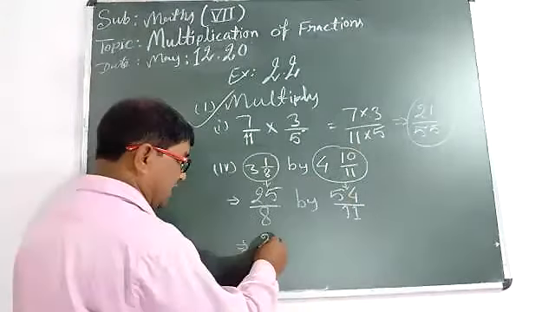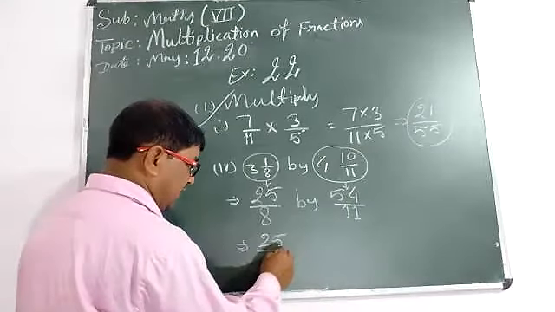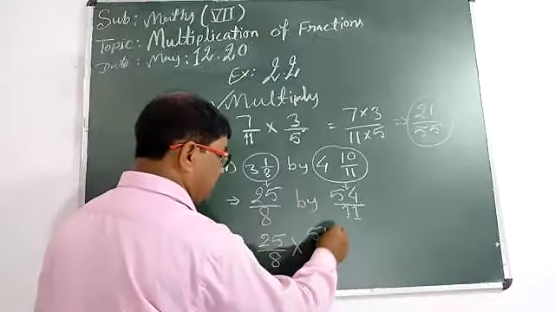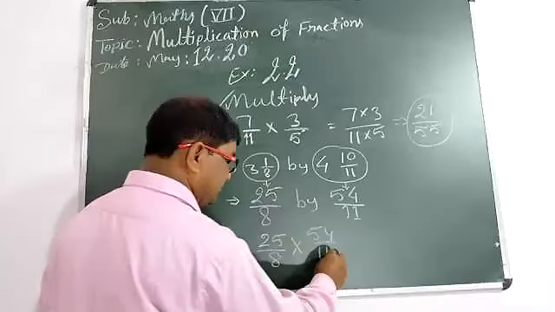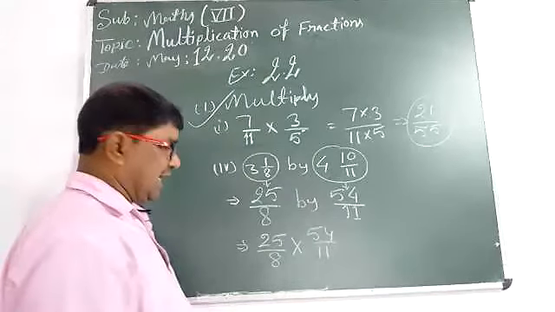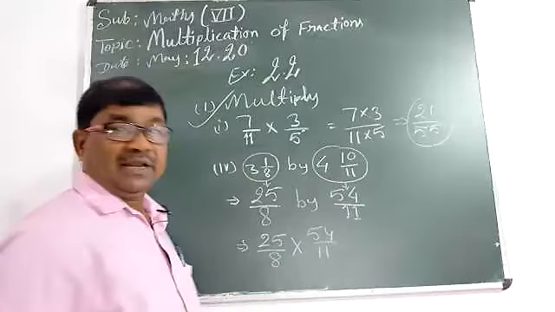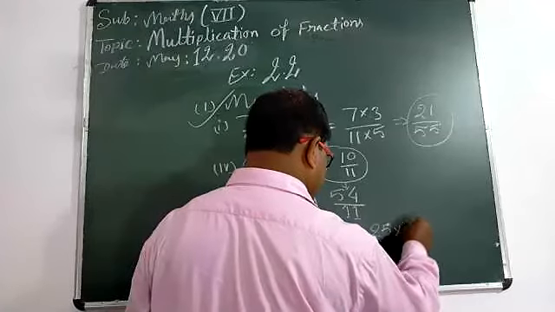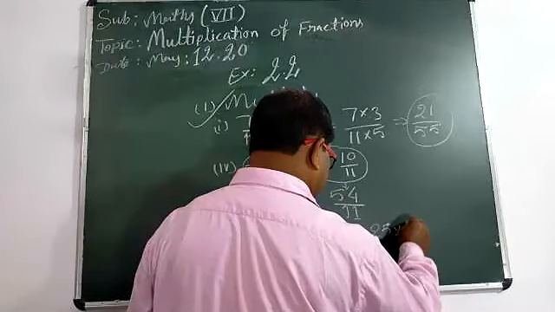Now write 25 upon 8 multiply 54 upon 11, am I right? Now students, we should write 25 multiply 54 upon 8 multiply 11.